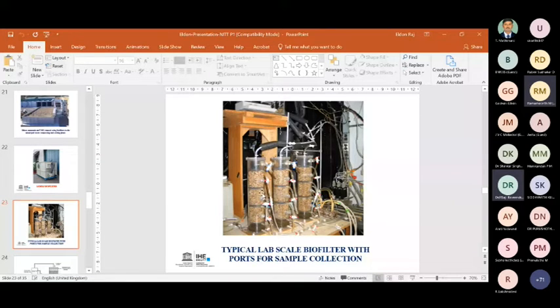Okay, so for example, if you have the waste gas that is passed in an upflow mode, then the microorganisms that are here will be receiving most part of the substrate or the carbon source, and they start to grow much better, leading to higher removal at this section compared to this section of the filter bed.